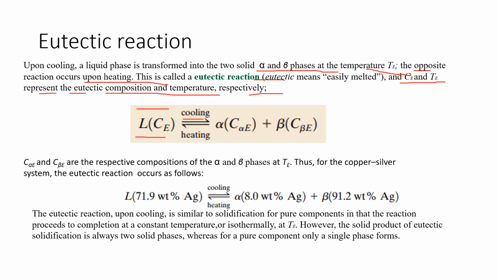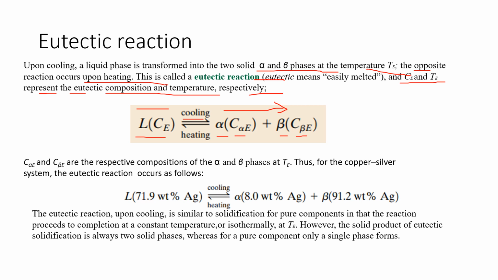The eutectic composition is CE in the liquid phase, which upon cooling transforms into alpha and beta phases. C alpha is the composition of the solid alpha, while C beta is the composition of the solid beta. So the liquid is transformed into two solid phases, one alpha, the other beta.